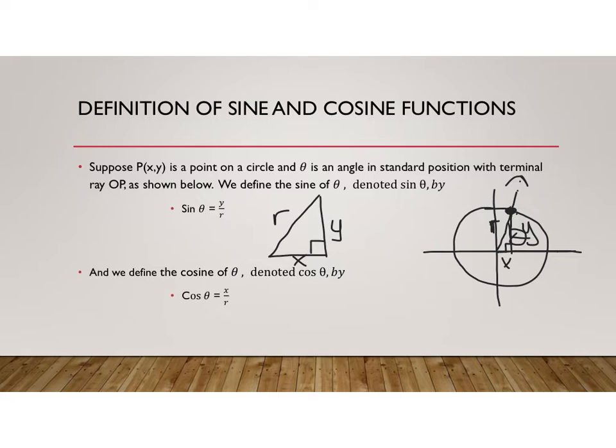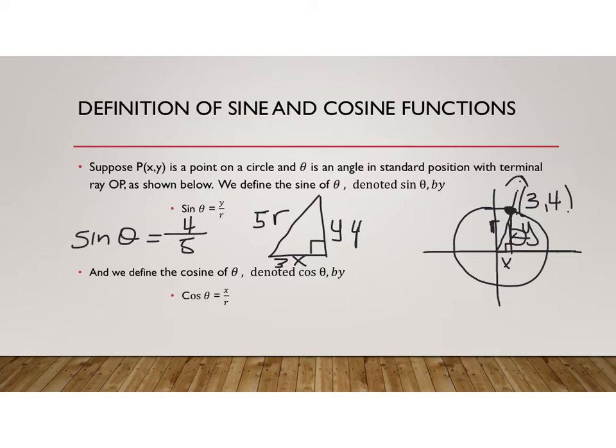So if this point right here, let's say, had the coordinates of 3, 4, then using the Pythagorean theorem, or remembering those Pythagorean triples, this would be a 3, 4, 5 right triangle. And the sine of this angle would be defined as 4/5, the y over the r.